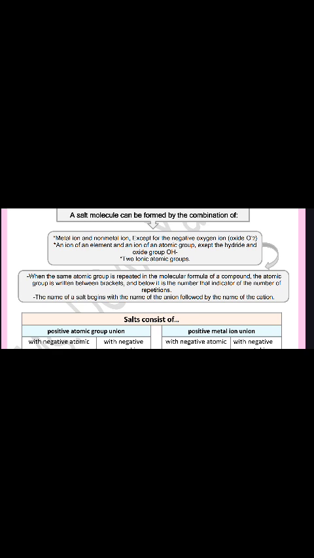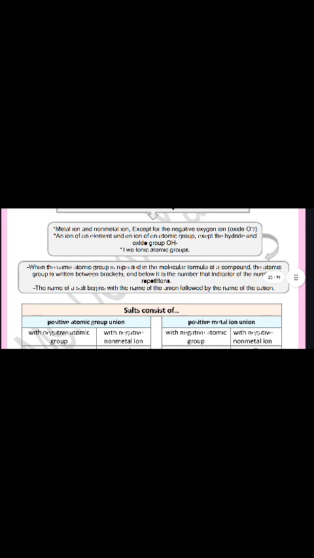Except the hydroxide group, OH negative, and the oxide group, the two ionic atomic groups we have mentioned before. When the same atomic group is repeated in the molecular formula of a compound, the atomic group is written between brackets, and below it the number indicating the number of repetitions.